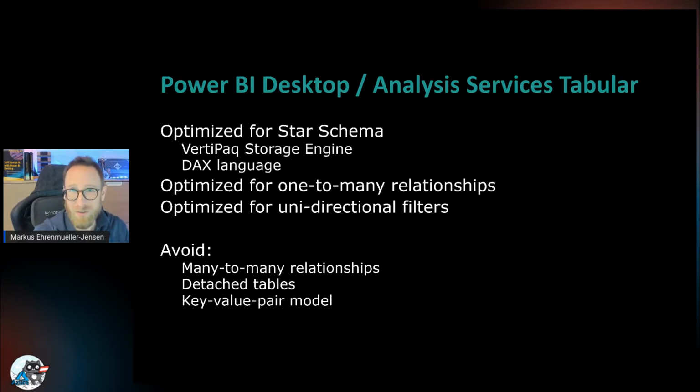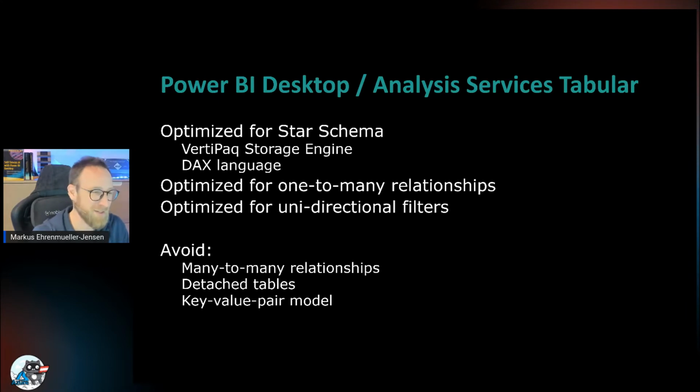But there are rare use cases and those use cases are the reason why we can even model many-to-many relationships, why we can have tables which have no relationship in the model at all, or that we can have key value pair tables and make them shine in Power BI Desktop. But this is not the goal. The goal is to have a star schema, and in some circumstances, it's good that we also have other possibilities.